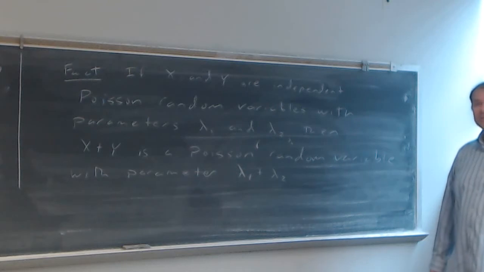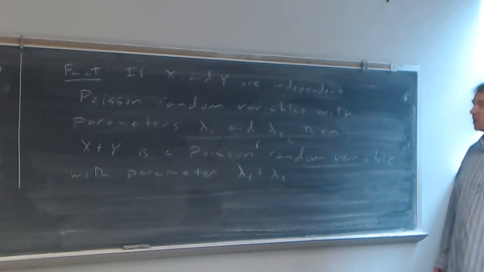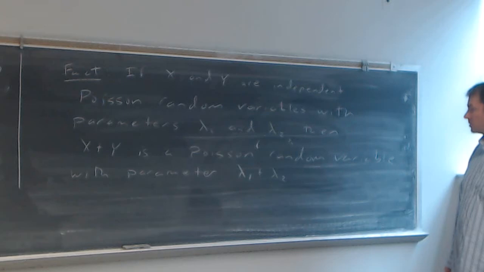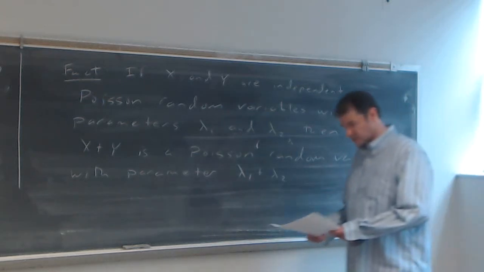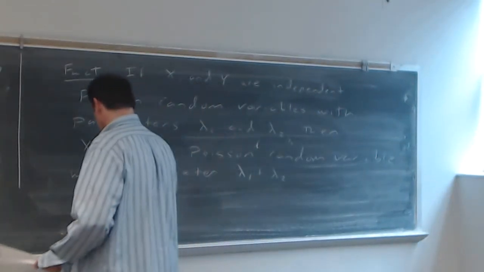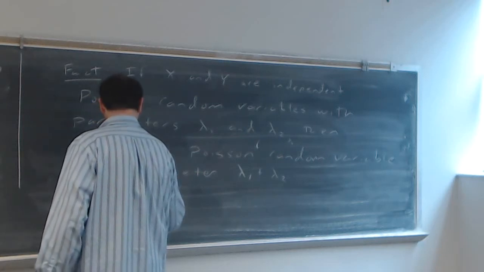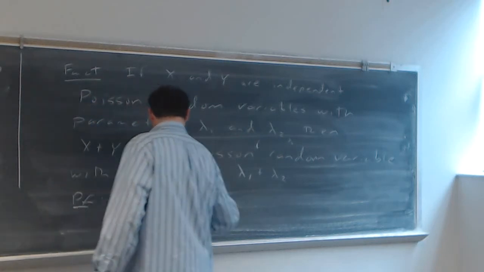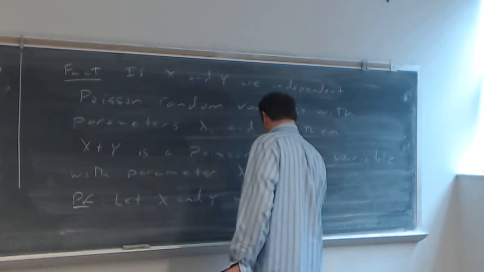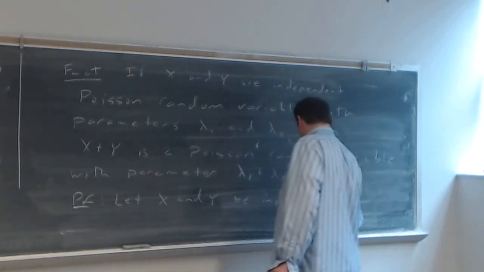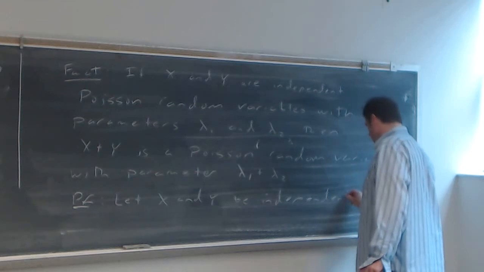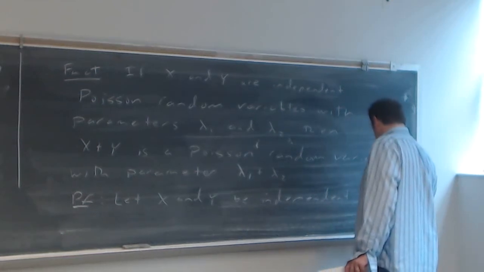Here, we can't use that previous fact that we were using before that had to do with the integral, the convolution between x and y, because x and y here are discrete random variables. So let us look at how we can prove this. Here's the proof. We're going to let x and y be independent Poisson random variables.